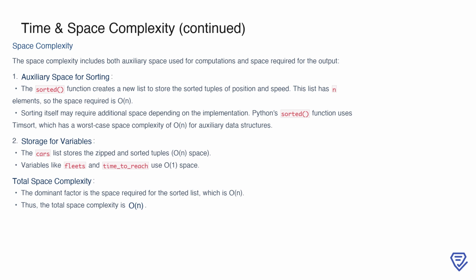Beyond sorting, the algorithm uses some space for variables such as fleets and time_to_reach, but these are constant space, or O(1). The sorted list of cars, which contains n elements, also requires O(n) space. Combining these factors, the dominant space usage comes from the sorting operation, making the total space complexity O(n).